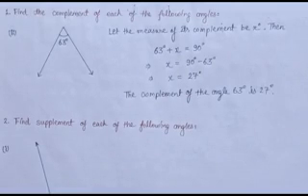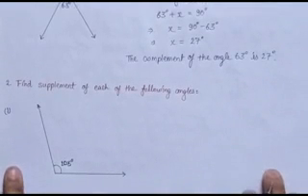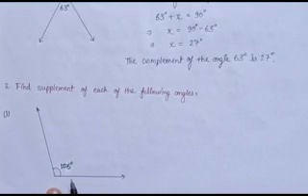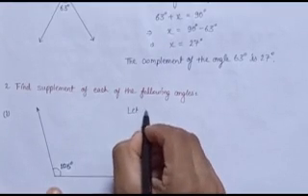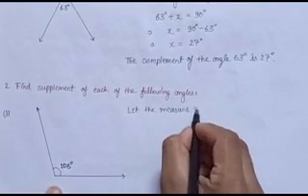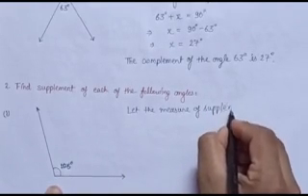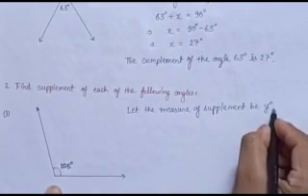Okay. In the same way, here we have the second question. Find the supplement of each of the following angles. So here we are given 105 degrees and we have to find the supplement of this angle. So again, let the measure of the supplement be y degrees.